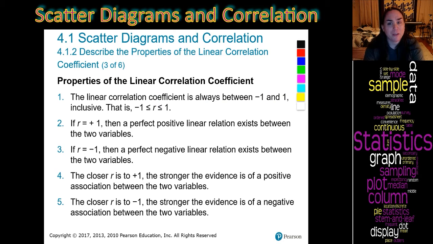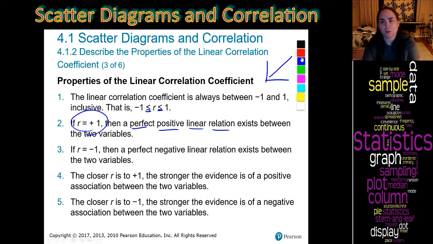So you should know the r value is always between -1 and 1. It could equal -1 or it could equal 1. If r does equal +1, that is a perfect positive linear relation. That just means that the points on your graph are all perfectly on an uphill line.